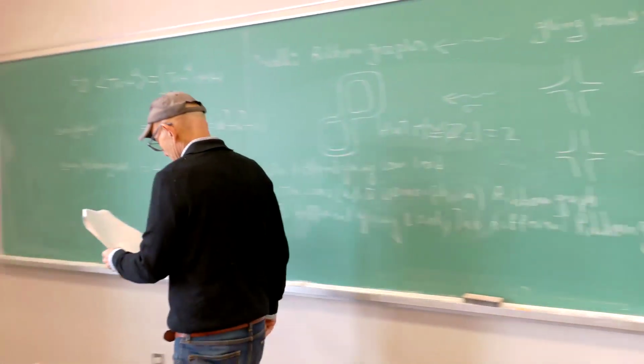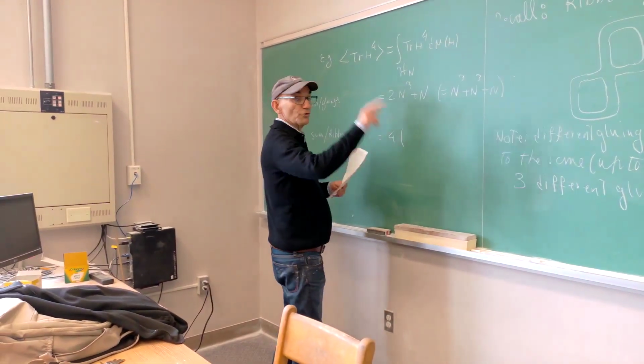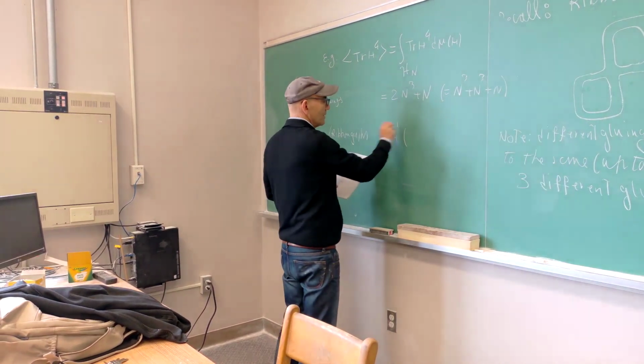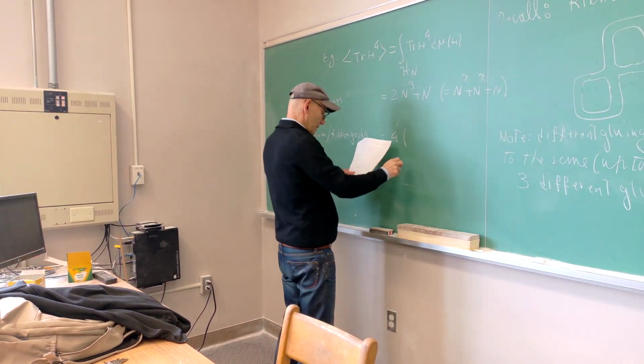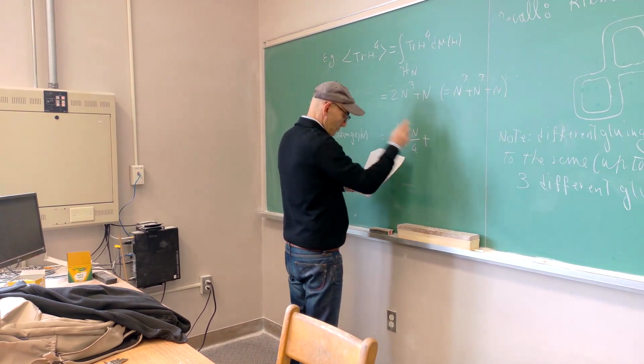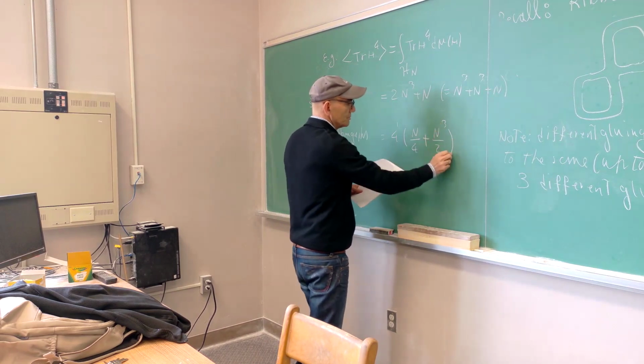I get 4 times. No, 4 to the power of 1, sorry. 4 to the power of 1. And then I've got n over 4 plus n cubed over 2.